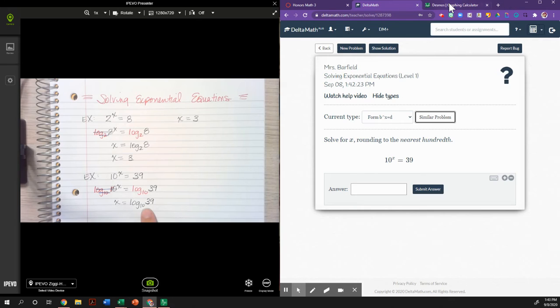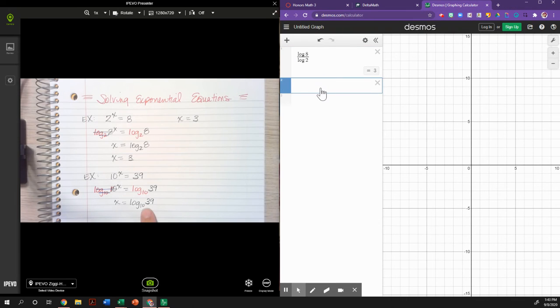All right, so if I switch over here, so log 39 divided by log 10. Now we're in base 10. Notice, remember that 10 is understood. So notice you get the same decimal equivalent.